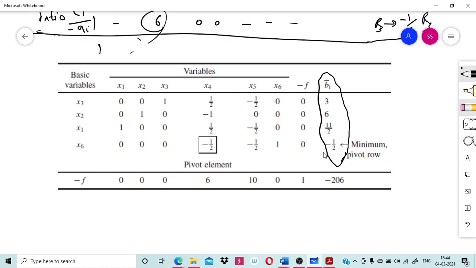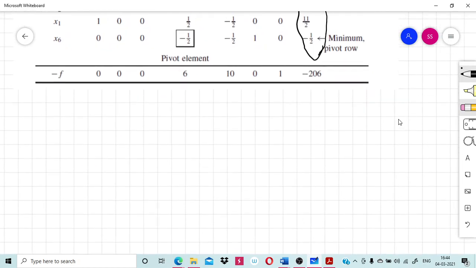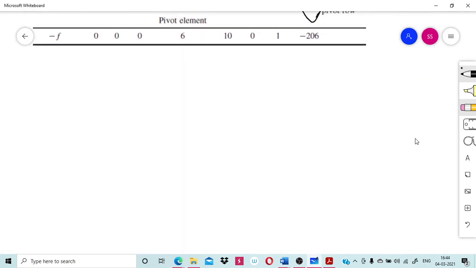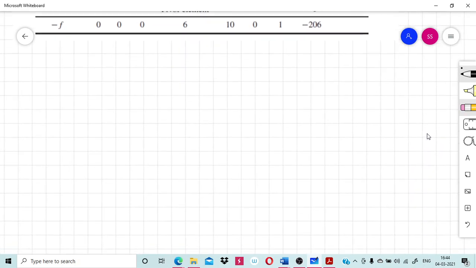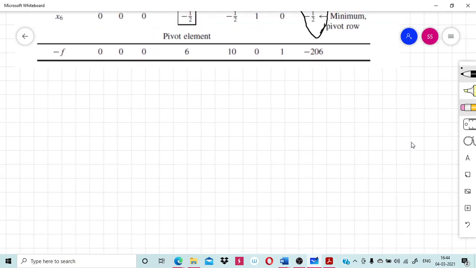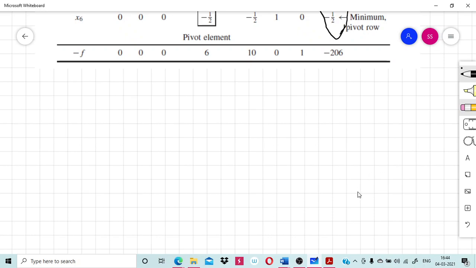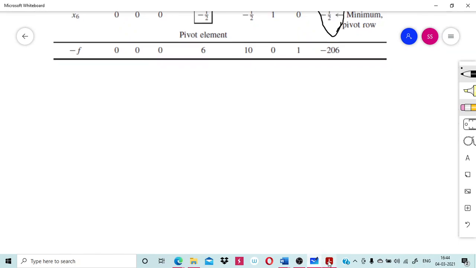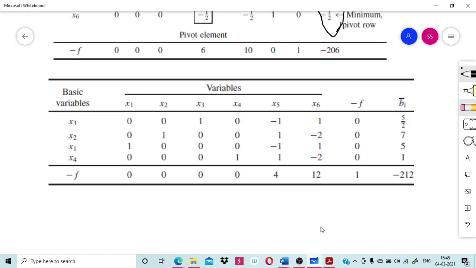Until that you have to repeat this process. And after updating this table once again, I got the final answer as this.